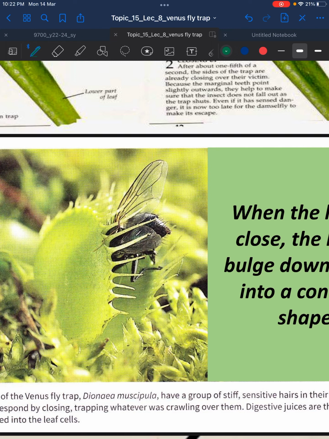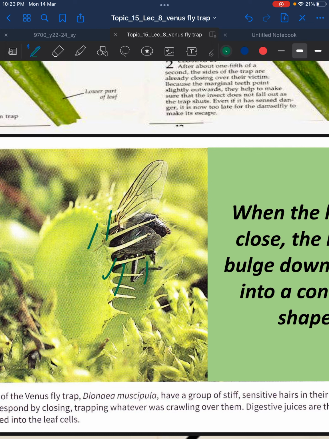But when this insect is partially trapped, it will deflect more of the hairs, and that will cause more calcium to enter, and that will cause more depolarization and more action potential.